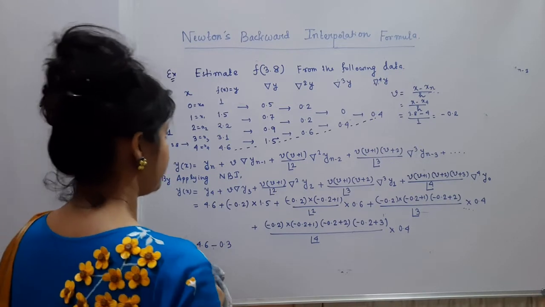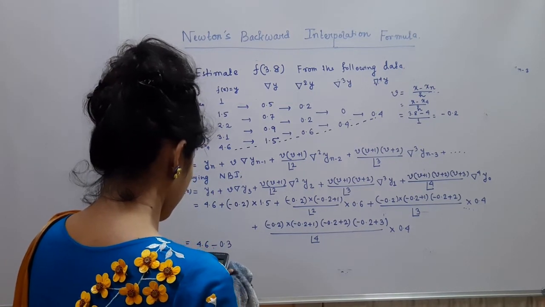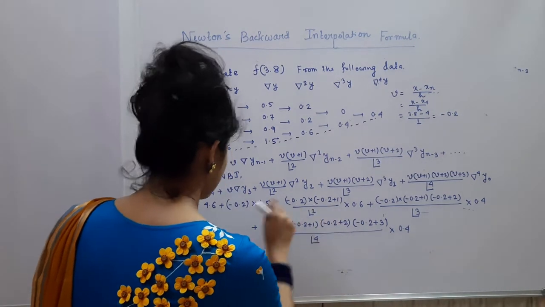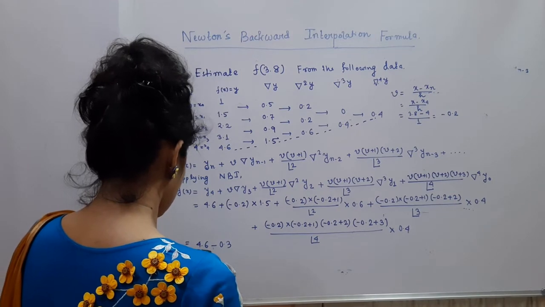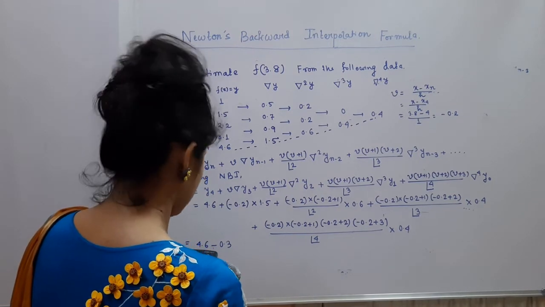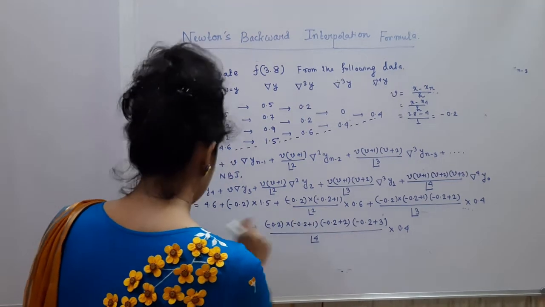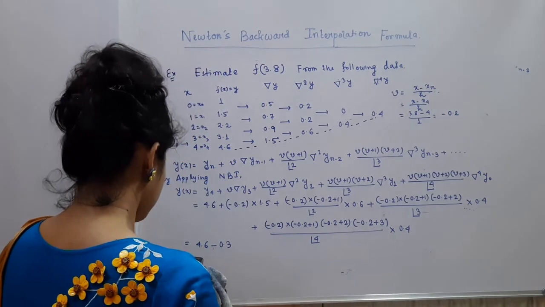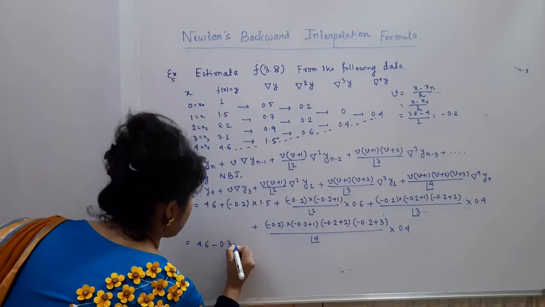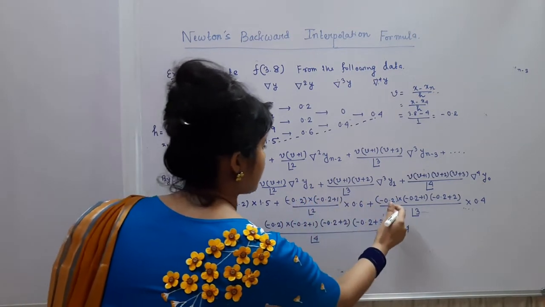So therefore 1 minus 0.2 means 0.8 actually. So this is 0.8, this is 0.2. Okay. So 0.8 into 0.2 into 0.6, divided by 2. Factorial 2 means 2 divided by 2. So this is again minus, that is 0.048. So this term is calculated.